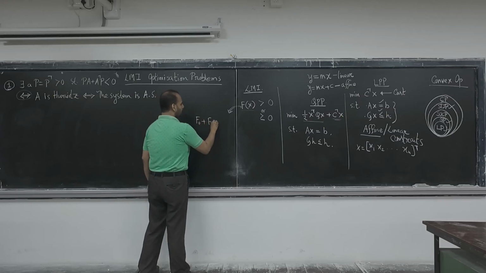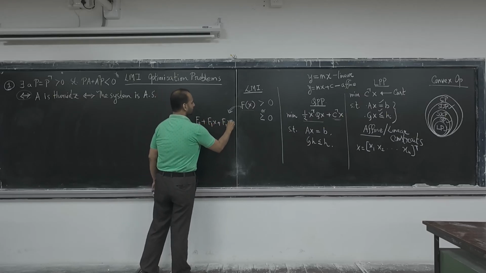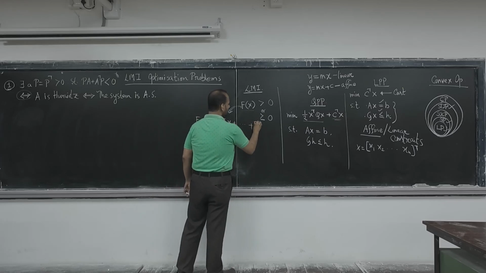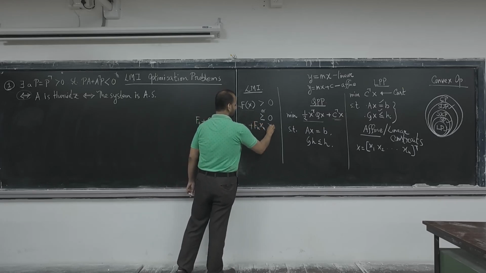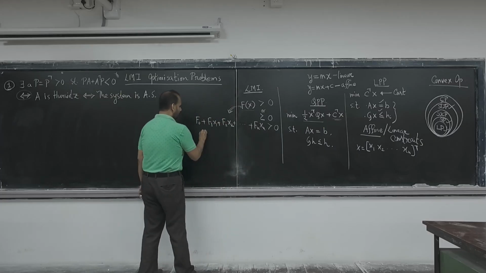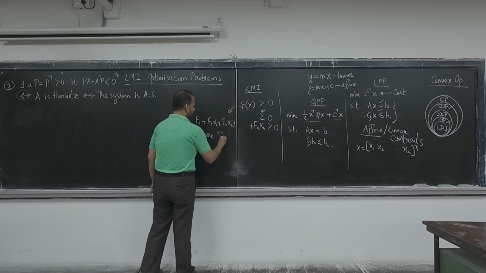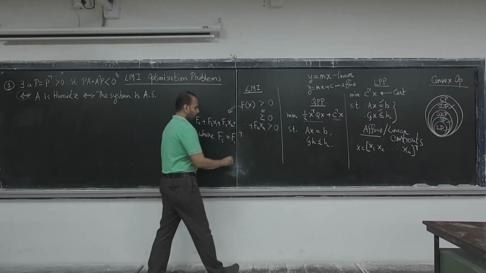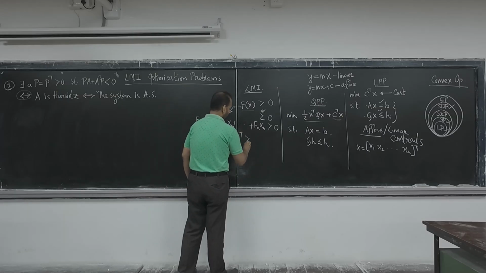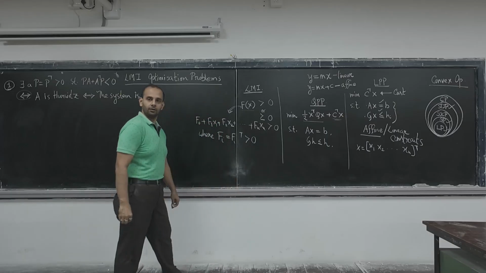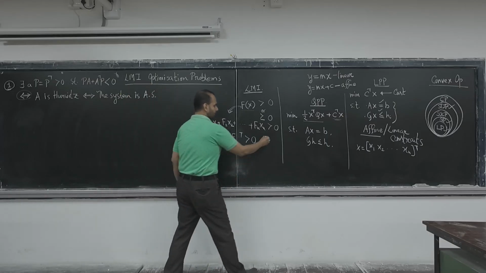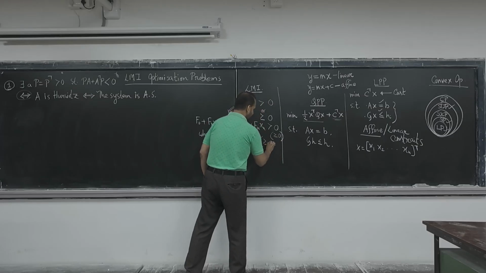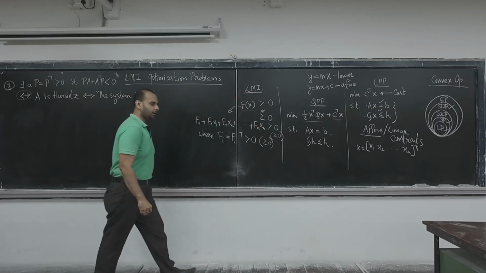F0 plus F1x1 plus F2x2 up to Fnxn, suppose greater than 0, where Fi equals Fi transpose, all greater than 0, or in brackets I am writing greater than or equal to, it can be greater than or equal to as well.